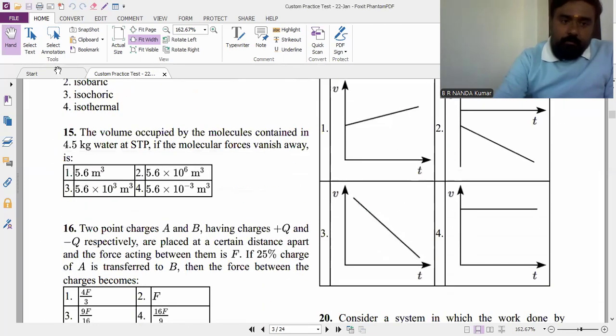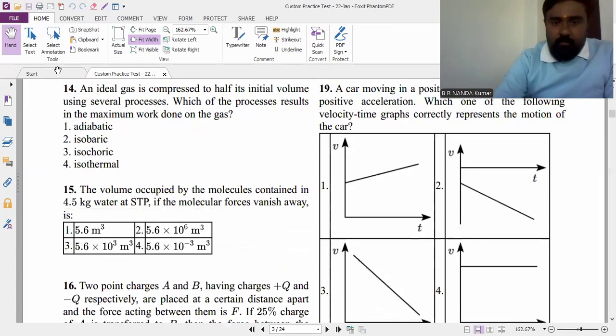The next question number 15. The volume occupied by the molecules contained in 4.5 kg water, if the molecular forces vanish away, is. So here we want the volume. First we have to calculate the number of moles. So n is equal to total mass divided by molar mass.